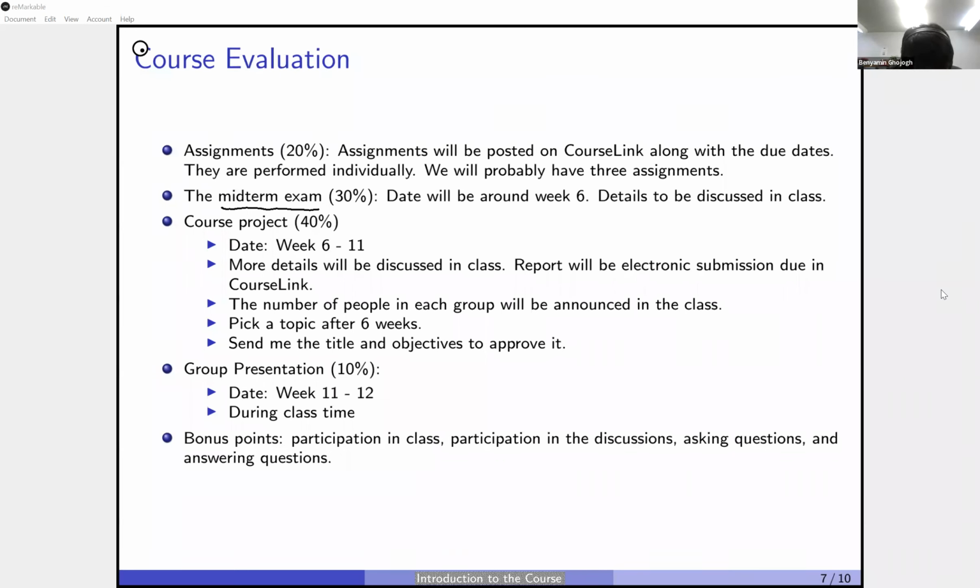Then you will make groups and pick a project topic, work on that, and write a report. You will submit the report, and also have a group presentation for your project in the last weeks of the semester during class time.